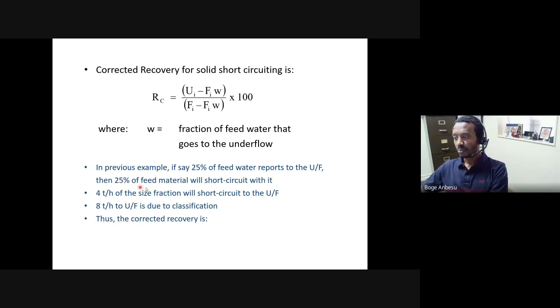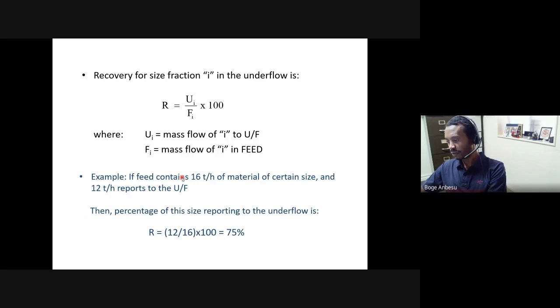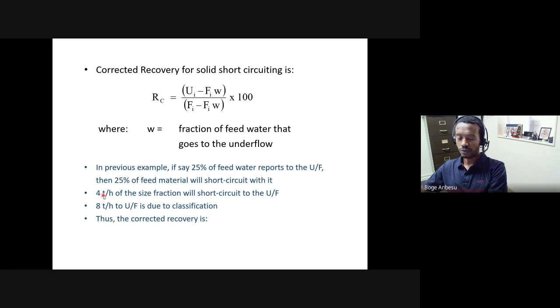So 25% of water here says that maybe even out of the 12 tons per hour that I have collected here, not all of the 12 tons per hour was because of classification, but some of it is because of the water that's carrying the particles, and that is about 4 tons per hour for just the water.